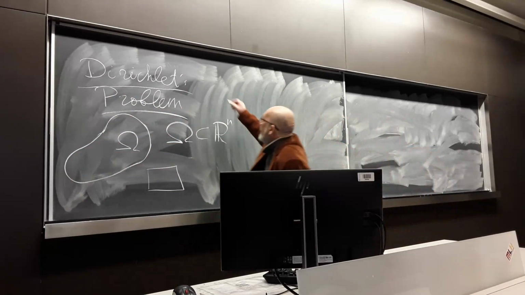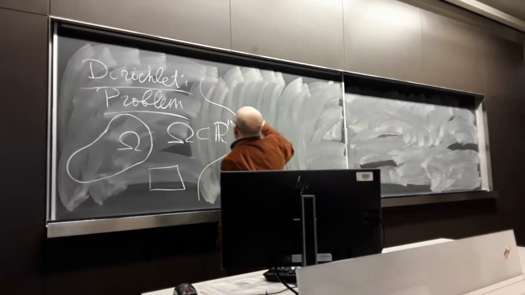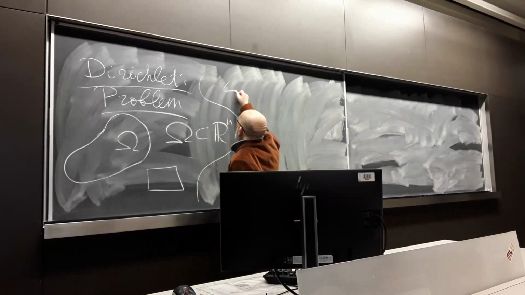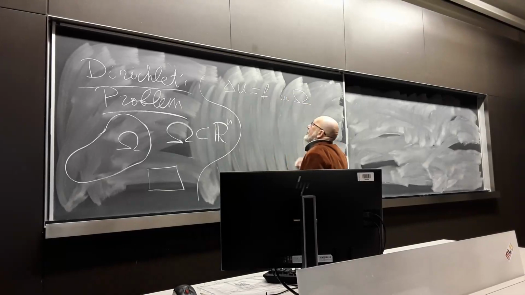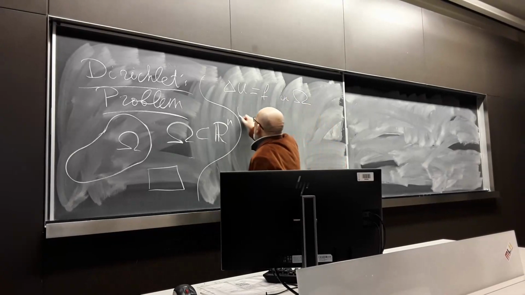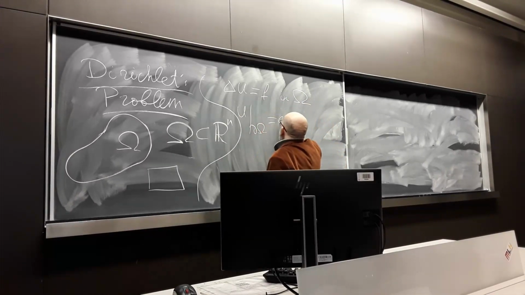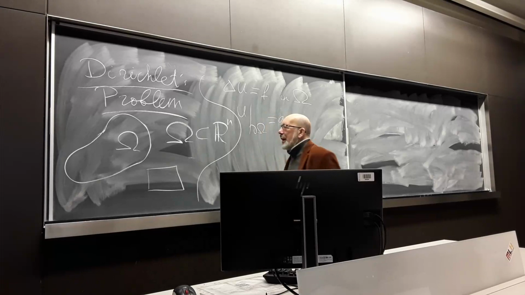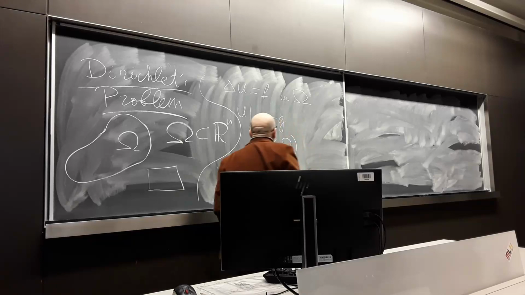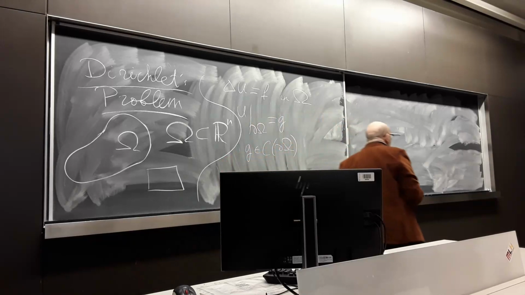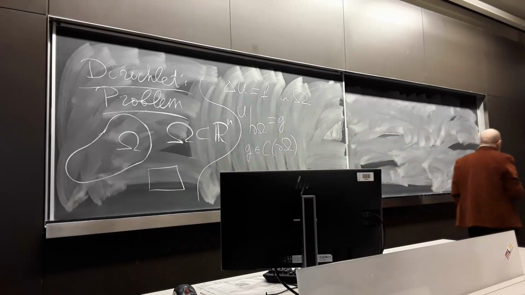And we are solving the following problem. Laplacian u equals f in omega, and u on the boundary equals g, where g is given, say, a continuous function on the boundary of omega.